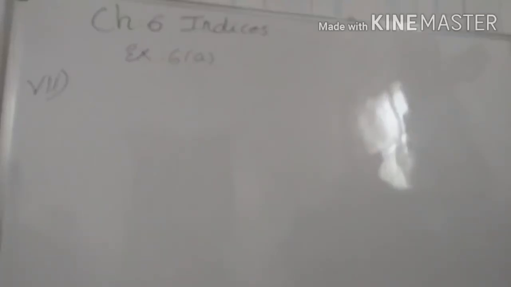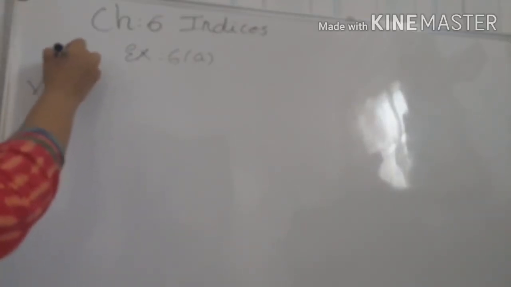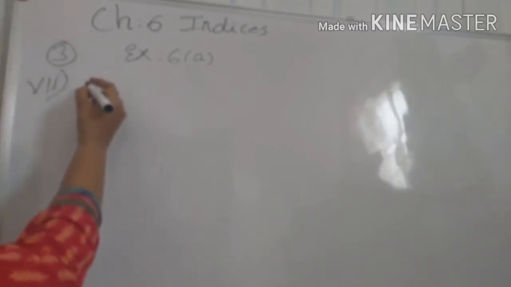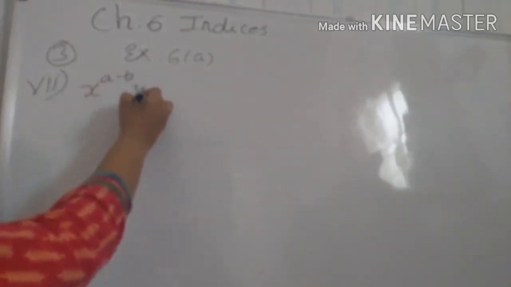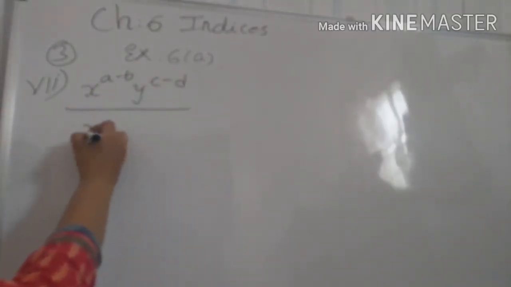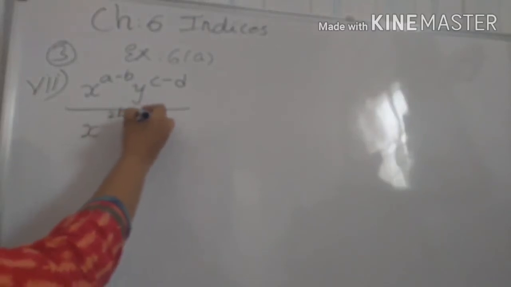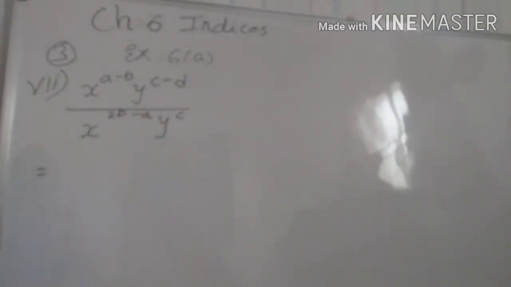Now let us move on to the next question. Question number 7. The question is x raised to a minus b and y raised to c minus d divided by x raised to 2b minus a and y raised to c. So here students, we will use our division law.